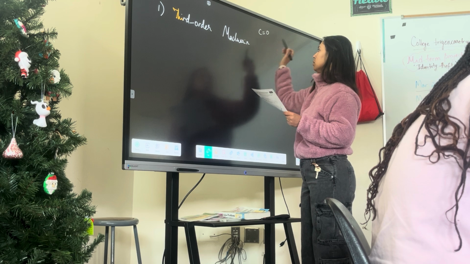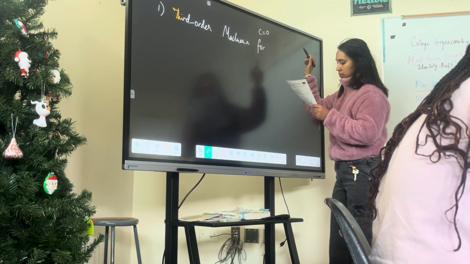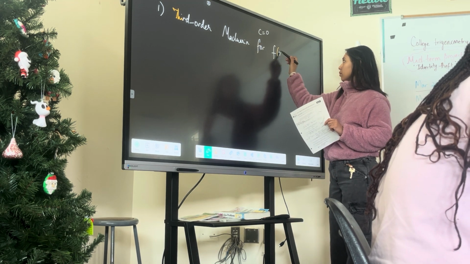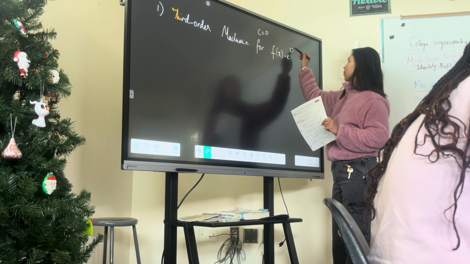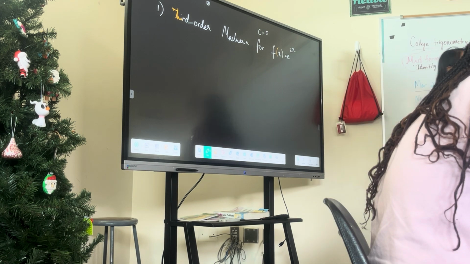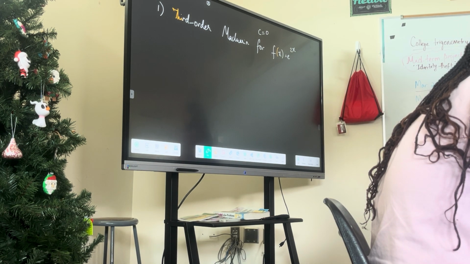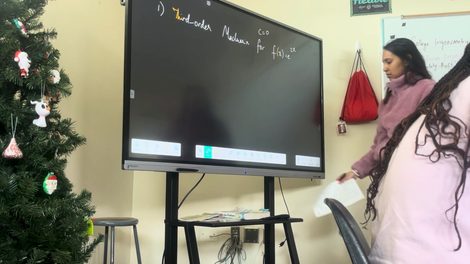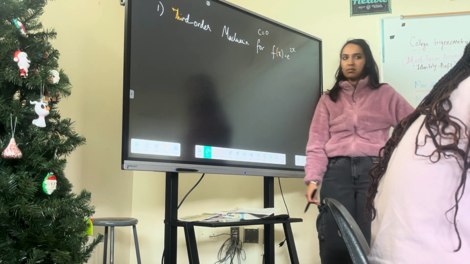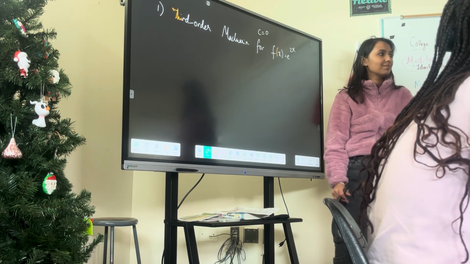C is 0, for f of x equals e to the 2x. You can put it on the calculator and it's going to approximate it for you. But we're going to do it by hand.